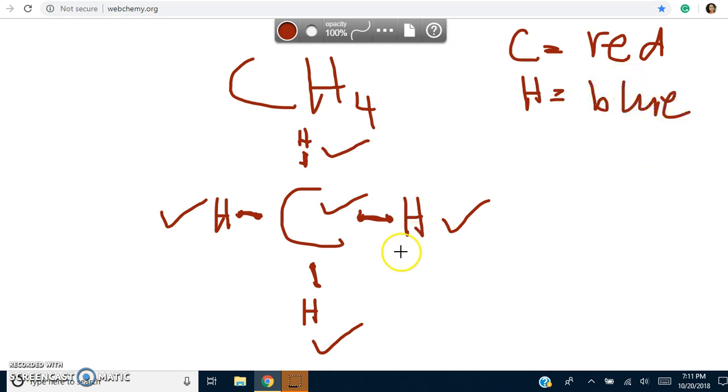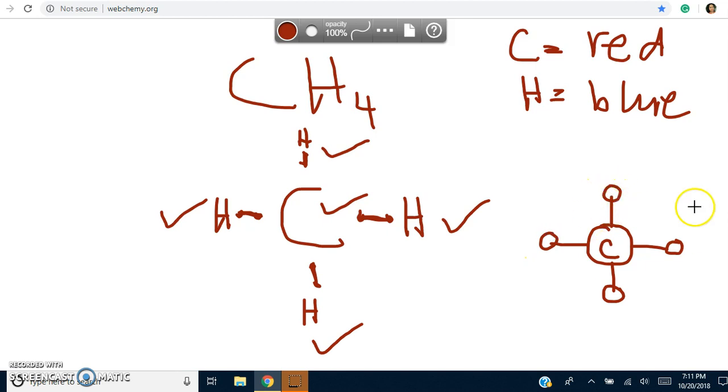So in the middle, you would have your red, which is carbon. And then this is going to be your Q-tip. Q-tip here, Q-tip here, and your Q-tip here. And then this is your blue Play-Doh, which tells you that that is your hydrogen. And that's it. It's very easy.